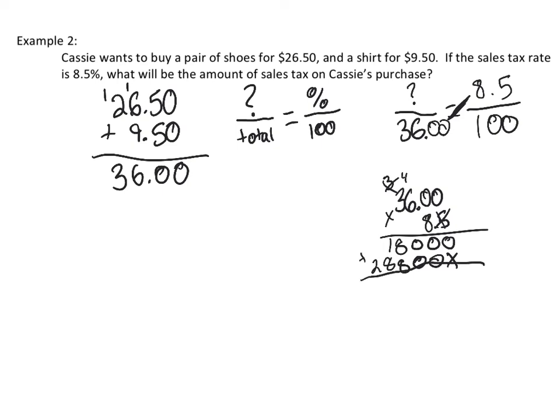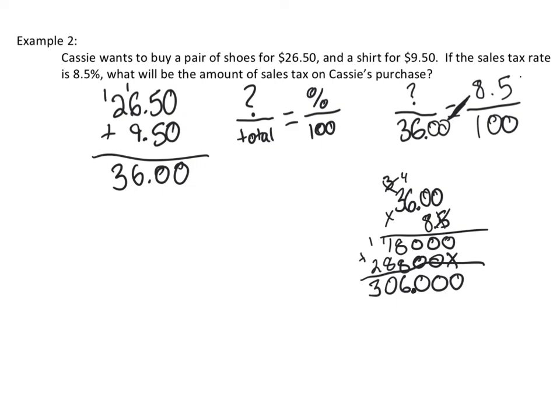So now we're going to add. We get 0, 0, 0, 16. This is 10, and 3. Now we need to look up top. We have 2 decimals in this number and 1 decimal in this number. So all together, up top, that is 3 decimals. So there should be 3 decimals down low.